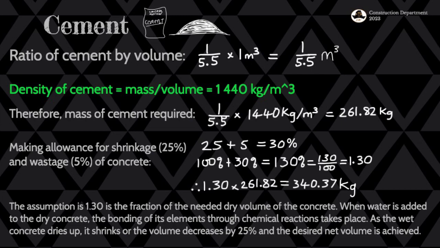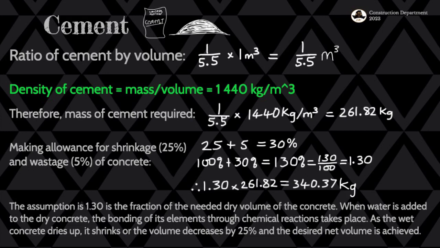So here we're going to be dealing with 1 cubic meter of concrete. That's the unit rate that we're going to be using. So it's 1 over 5.5 by 1 cubic meter, which is equal to 1 over 5.5 cubic meters. So that's our volume for cement in a cubic meter of concrete with the target strength of 20 megapascals. And then the density of cement is equal to mass over volume. That's a common equation.